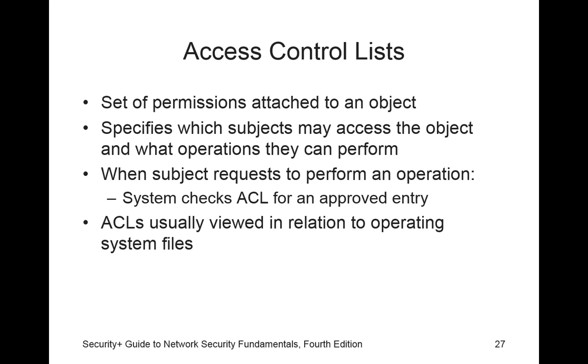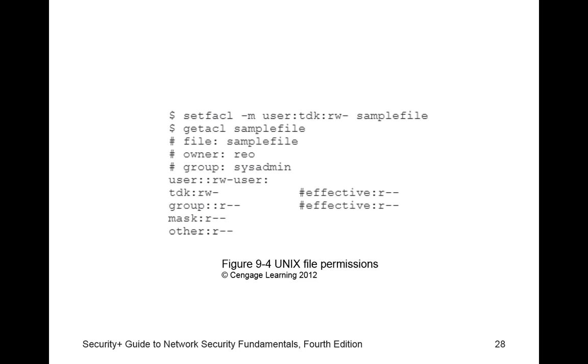Yep. Access control lists. What are they? Since we already talked a little bit about them. It's a set of permissions that allows you or denies you access to functions. That's simple. Here's the Unix configuration. I'm going to set my FACL to the user TDK with read write, no execute to sample file.